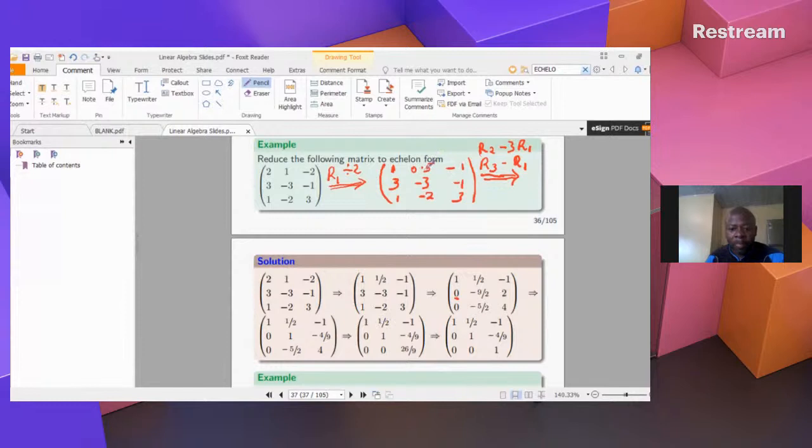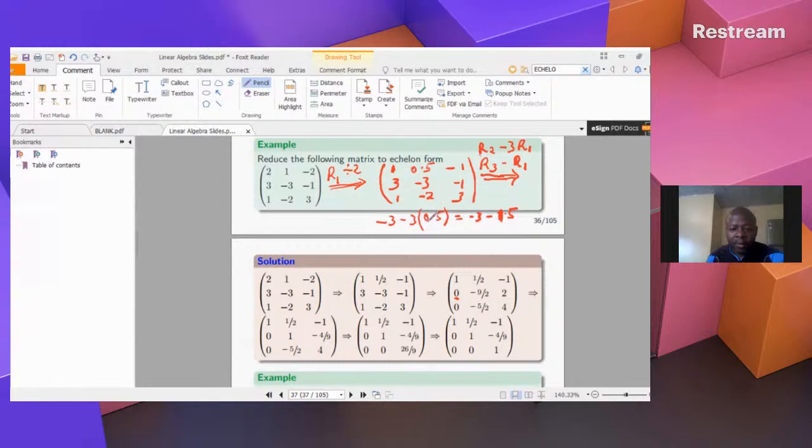What about here? I have negative 3 minus 3 multiplied by the entry in row 1. The entry in row 1 is 0.5. So when I do this, this product here is 1.5.